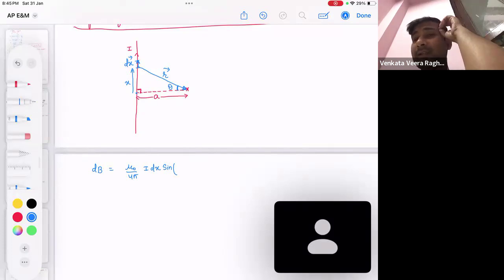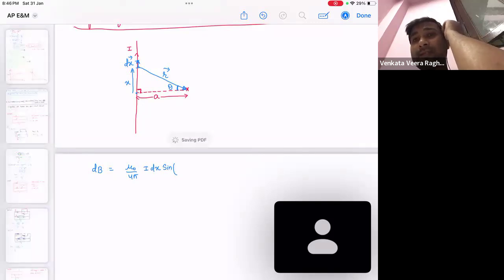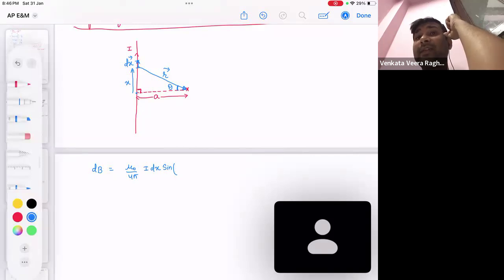As per the Biot-Savart law, what is the magnetic field due to an element? Mu naught by 4 pi I dl sine theta by r square. But if you look at the expression carefully, theta is the angle between the dx vector and the r vector.